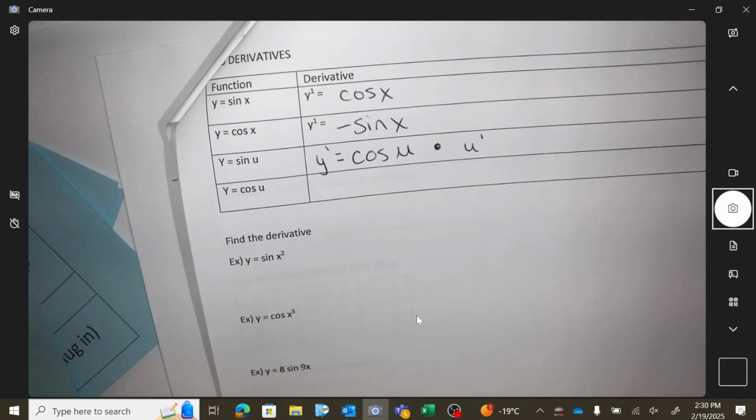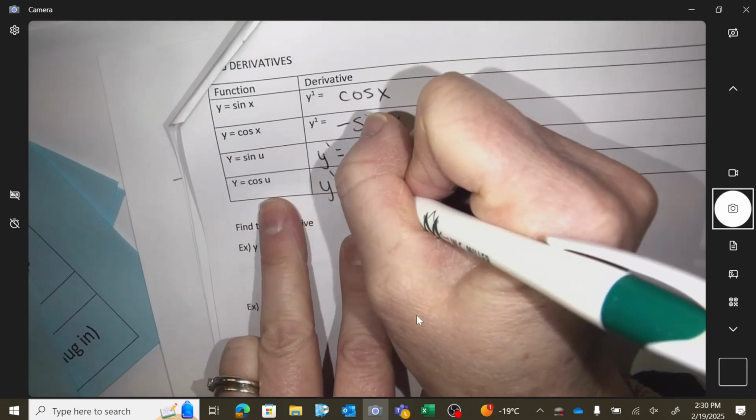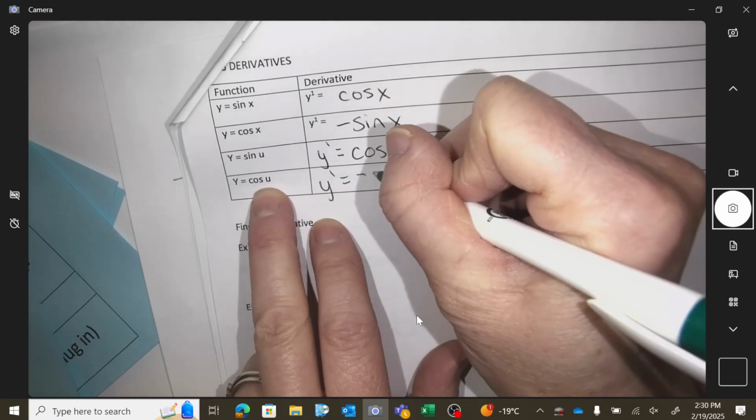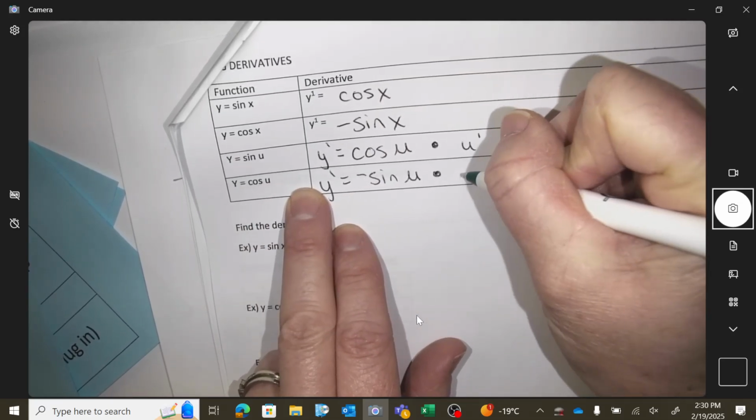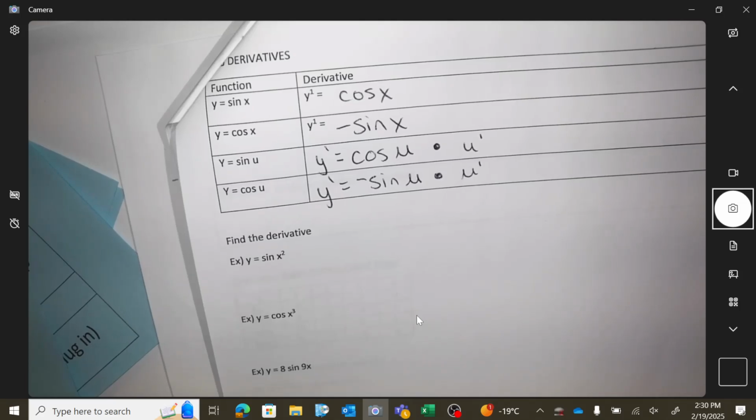Okay? Okay, same thing here. So if there's other stuff, we're going to go negative sine of it and then attach the derivative of that family. So that's that chain. So we're doing a trig property and then the chain property.